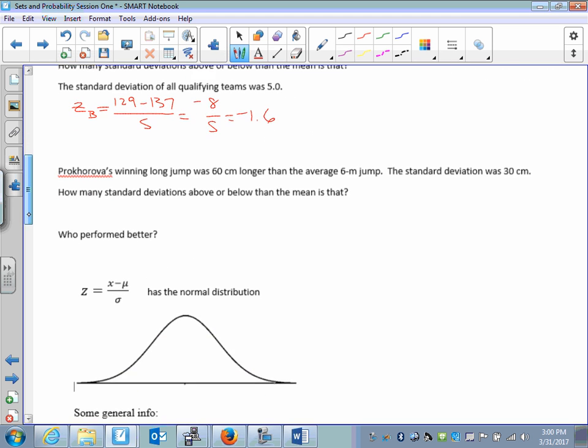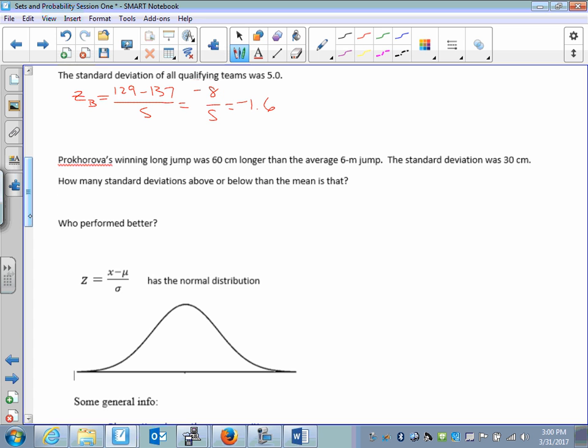Now, Prokhorova's winning jump was 60 centimeters longer than the average 6-meter jump. The standard deviation was 30 centimeters. So Prokhorova's z-score was 60 centimeters.